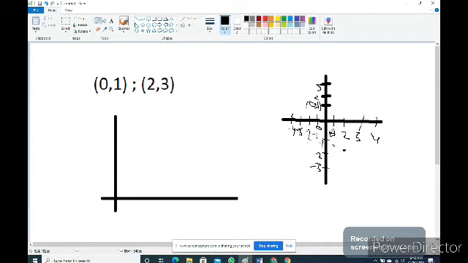And now we are given 2 and 3. We need to plot 2 and 3. So first what we need to do, where is 2? Just take that line a bit more forward. And where is 3? Just take this line a bit more forward. Now the point of intersection is 2, 3.